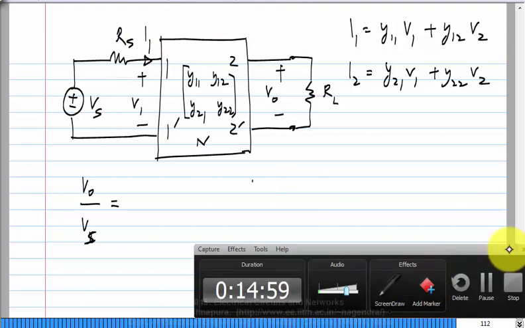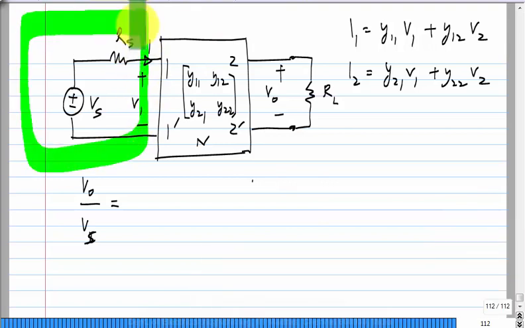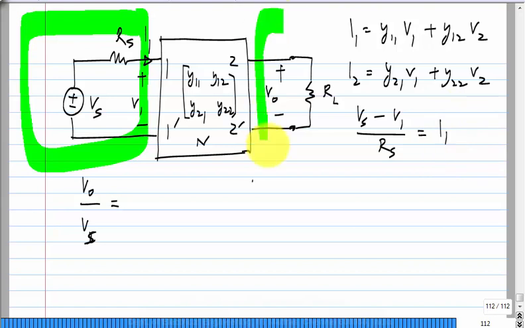What is the constraint we get because of what is connected to the input? Vs minus V1 by Rs equals what? I1. Okay. And what is the constraint we get because of the output?